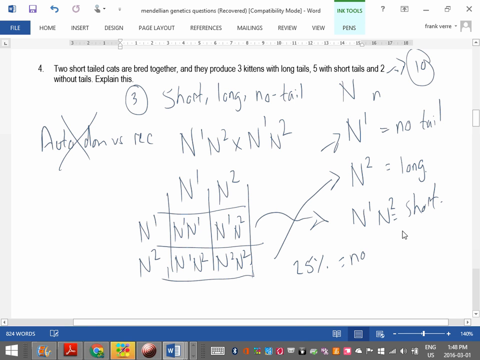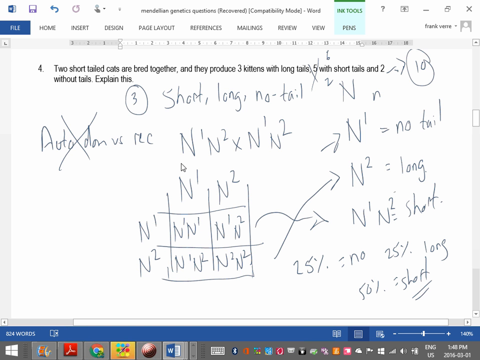No tail. 25% will be long, and 50% will be short. But does that mean that half of your kittens are going to have short tails? No. In this case it happens to be 5 out of 10, but don't take these numbers seriously. This could have been 6 out of 10, or 2 out of 10. Remember, these are just probabilities, right?